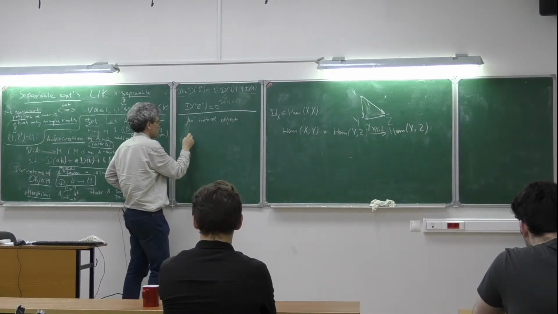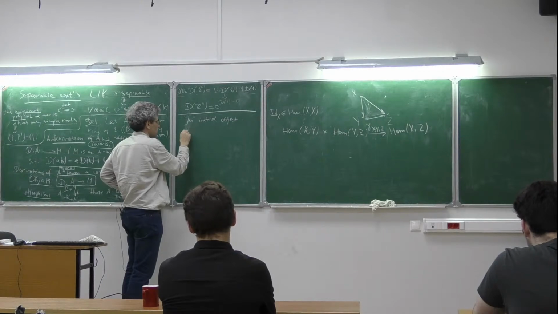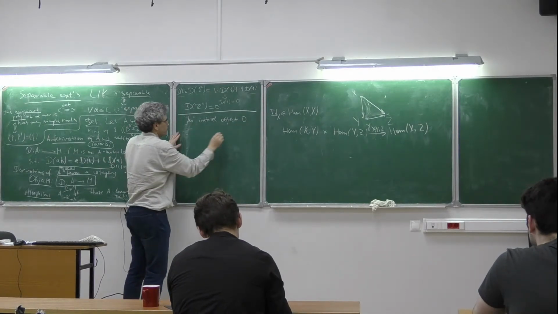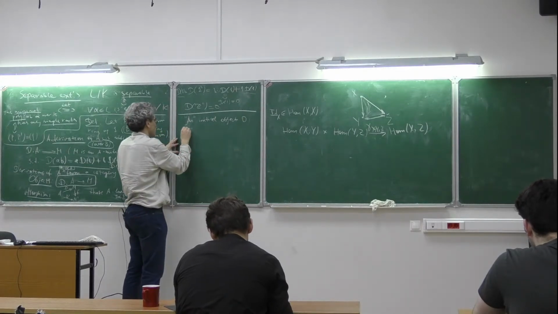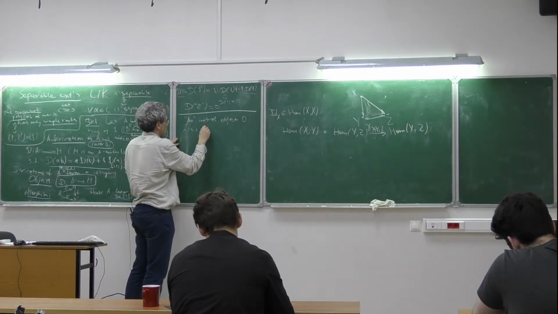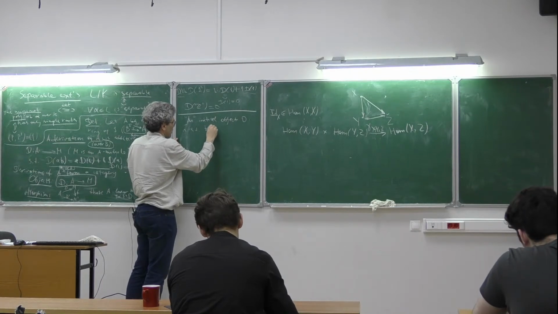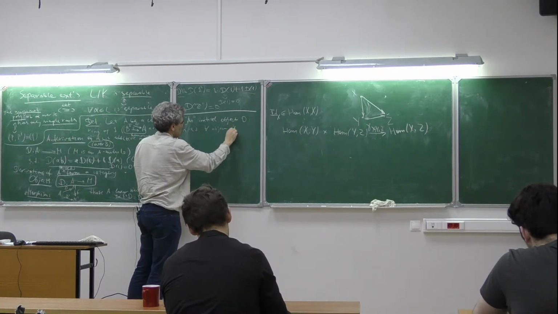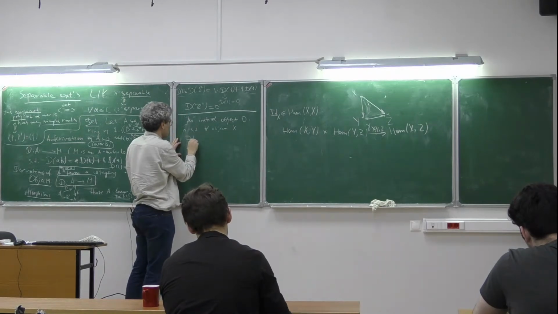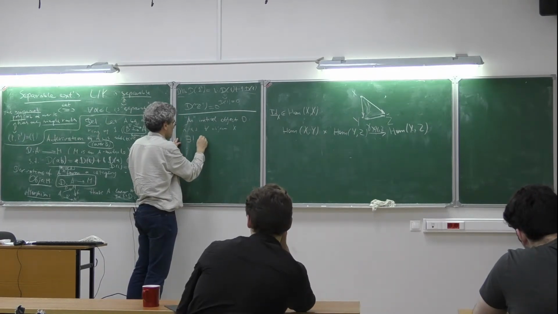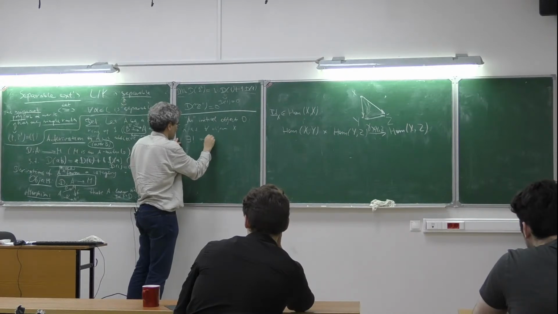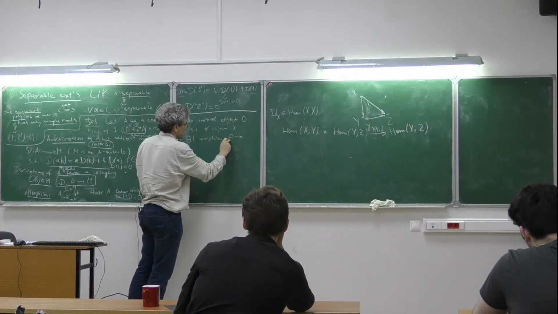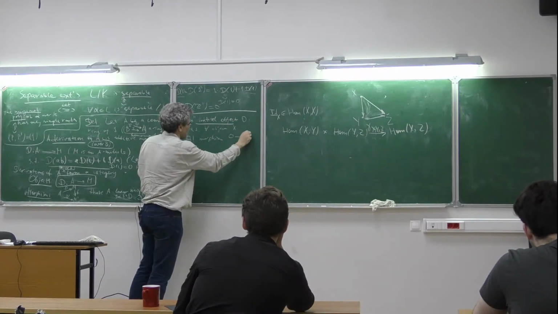Let's call it O. O is such that for any object X, there exists a unique morphism from this initial object to our X.